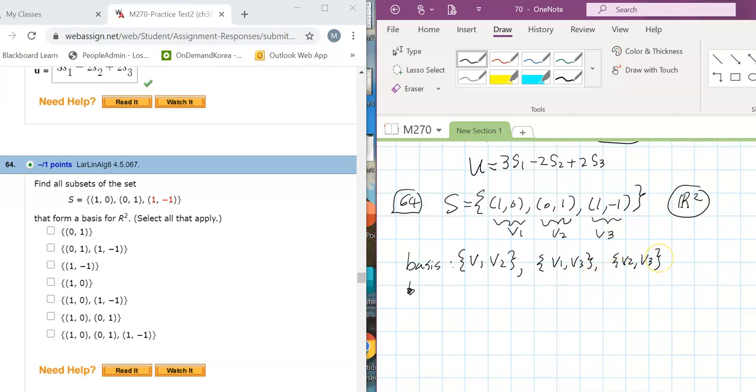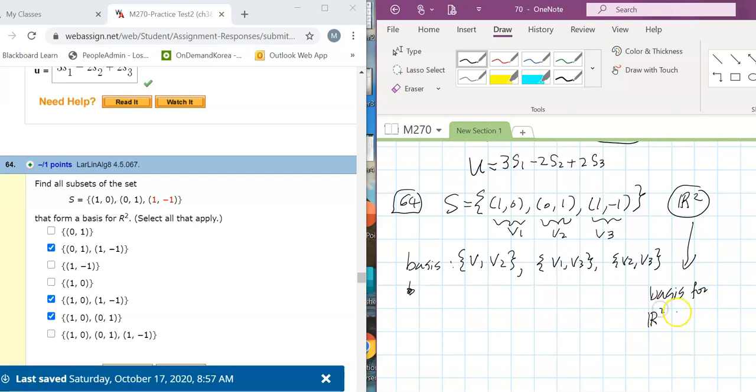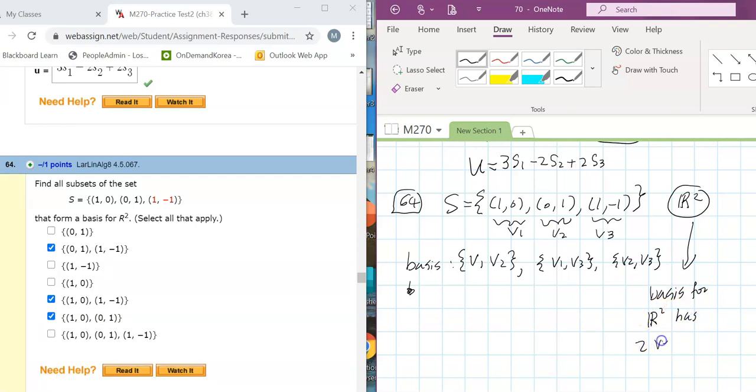That's it. You cannot have one vector, that's out of the question. So you have to have that, and you have to have that. Like I said, you cannot have 3 because a basis for R2 has 2 vectors.